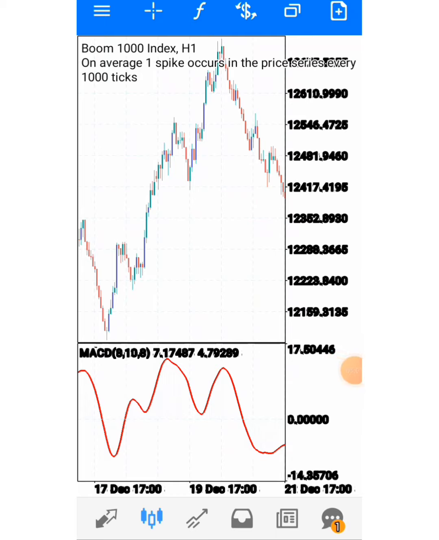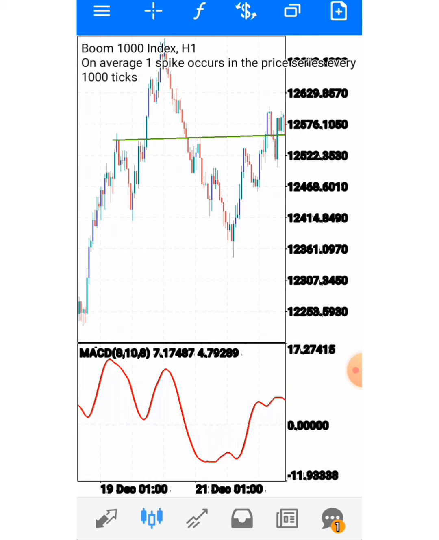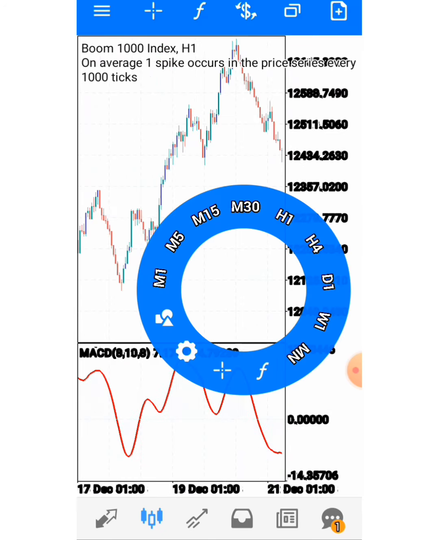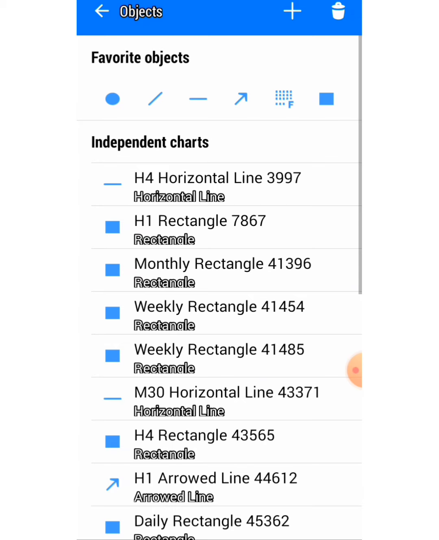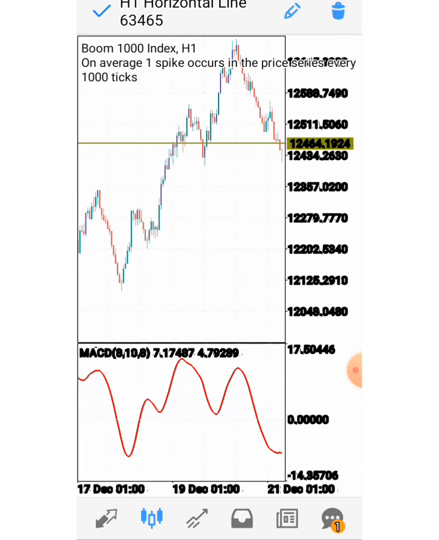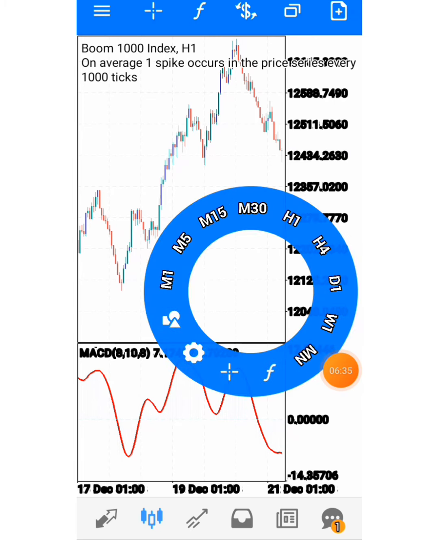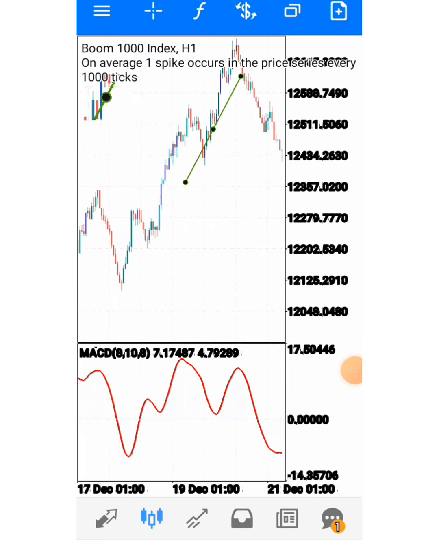Traders, the last but not the least that I will be showing you on Boom 1000 is this one also. Look at the market making a higher high like this. Let me draw a nice one like this. I see price making a lower high like this.